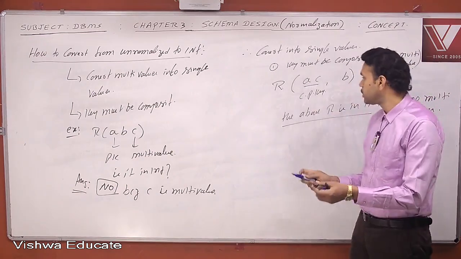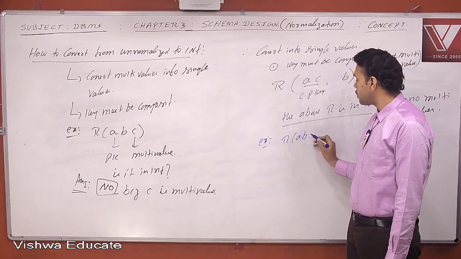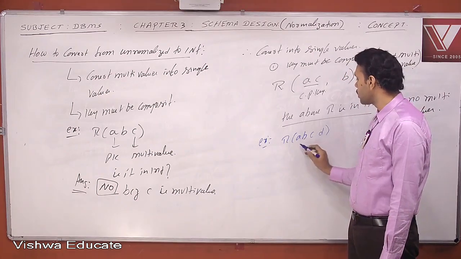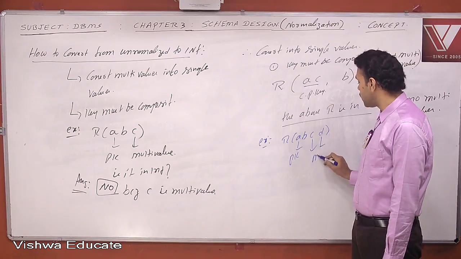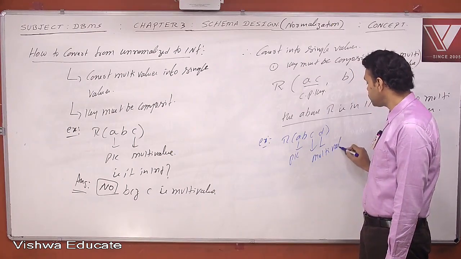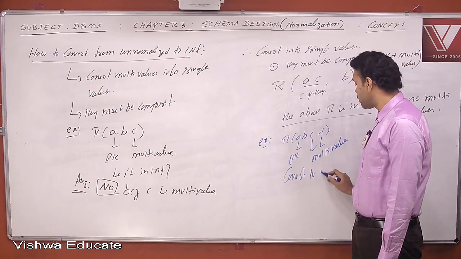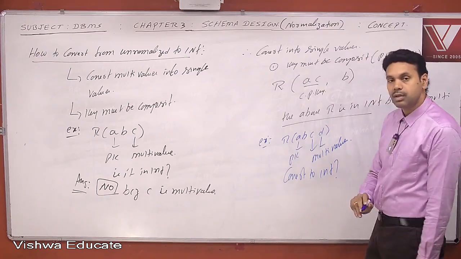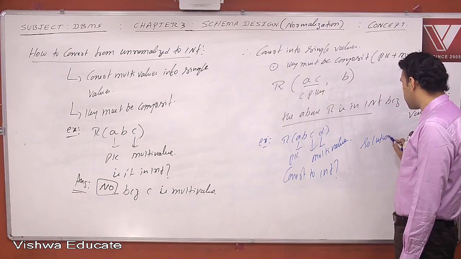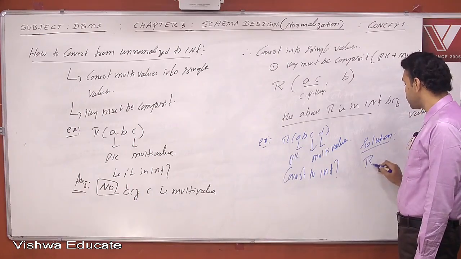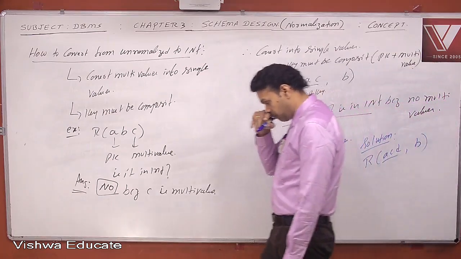Okay, one more example. R of A, B, C, D: A is the primary key, C and D are multi-values. He is asking to convert to 1NF. How to convert? The solution is R is ACD, B is separated.